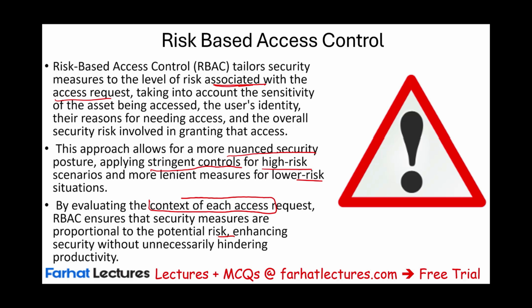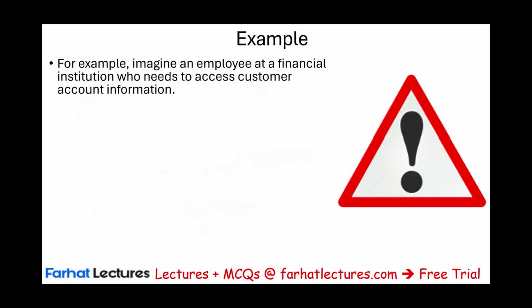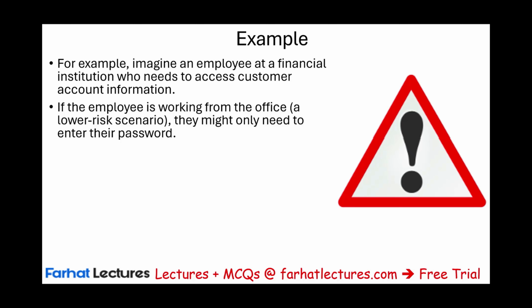So you would access certain areas based on the riskiness of that asset, of that area, of that system. So for example, imagine an employee at a financial institution who needs to access customer account information. Okay, that's sensitive. If an employee is working from the office, a lower risk scenario, they might only need to enter a password.